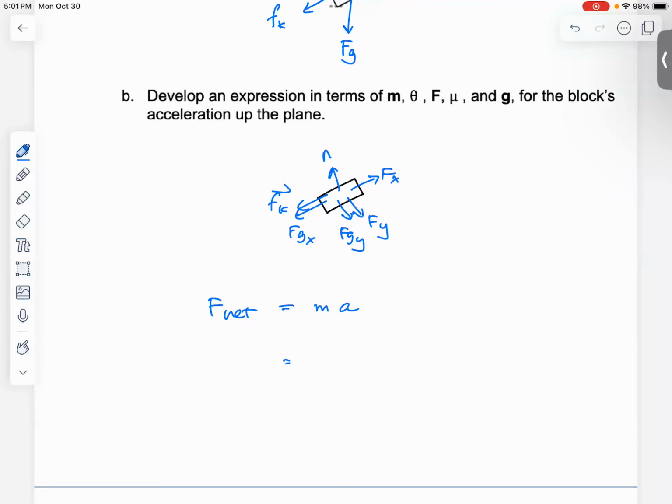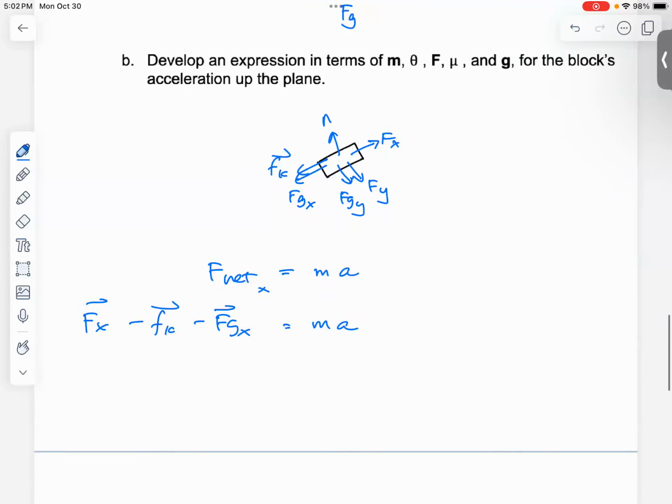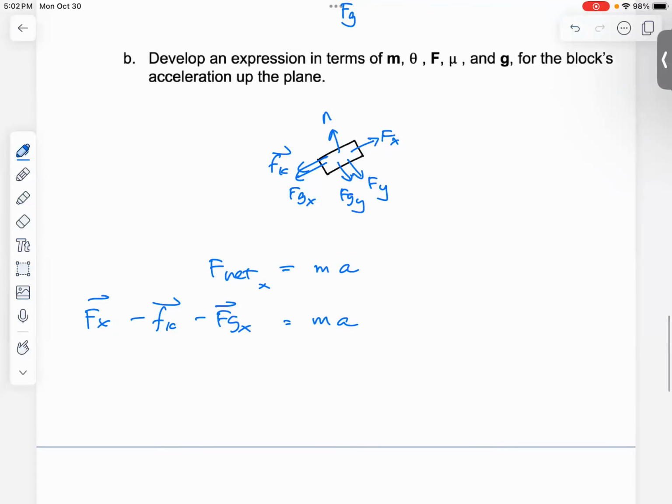The net force is in the x direction, so we say Fx minus the kinetic friction minus Fg in the x direction is equal to ma. And now we've got to break things down. So what is Fx?